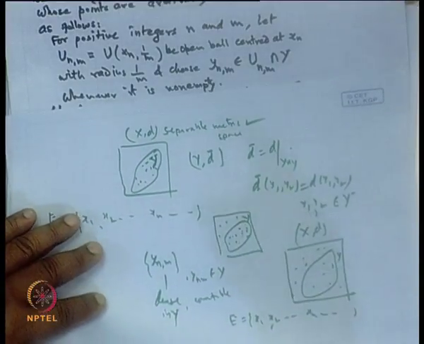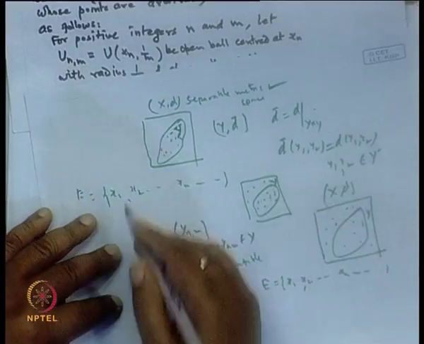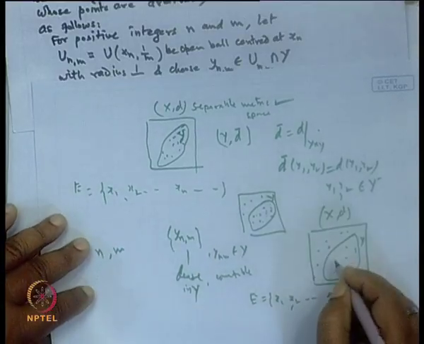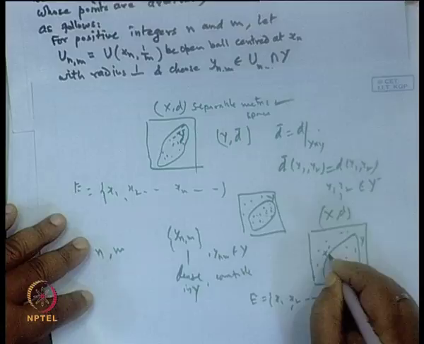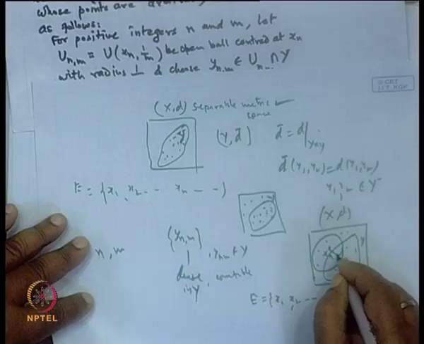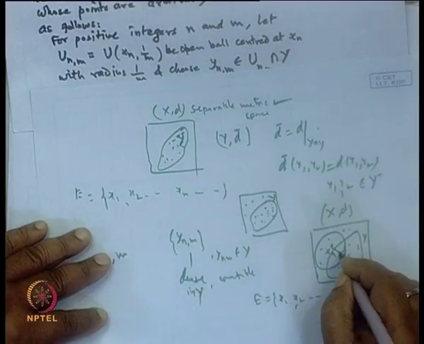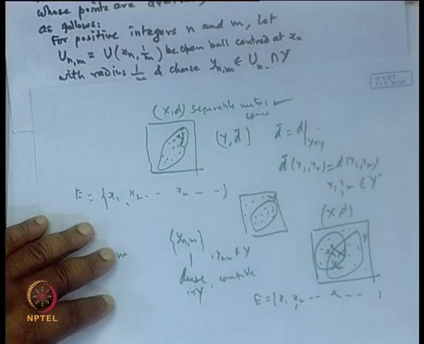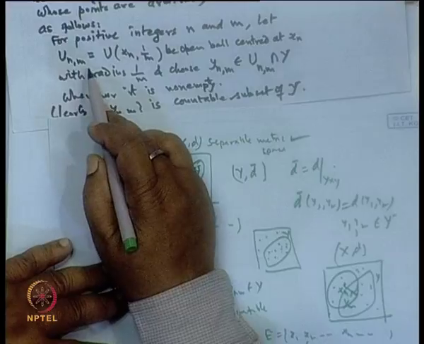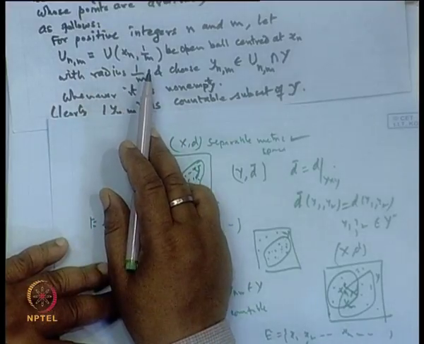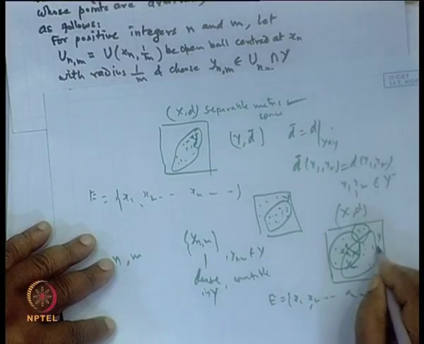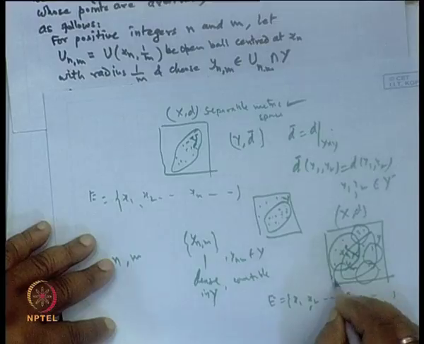Now, for positive integers n, m, let us find a ball centered at xn and with radius, say, 1 by m. This is 1 by m radius. Okay. So, we get a set U_nm centered at xn and radius 1 by m. Around each point you are getting like this, of x1, x2, xn.